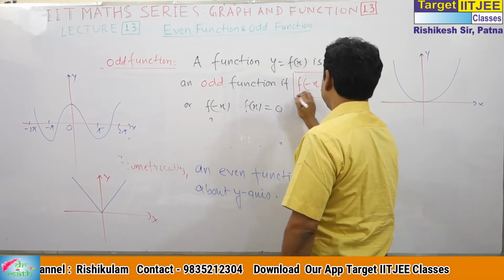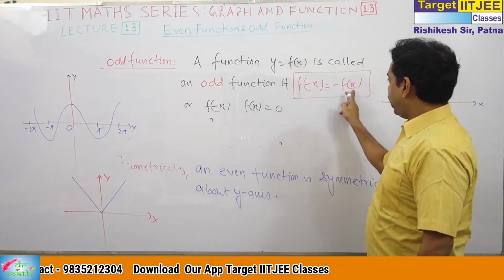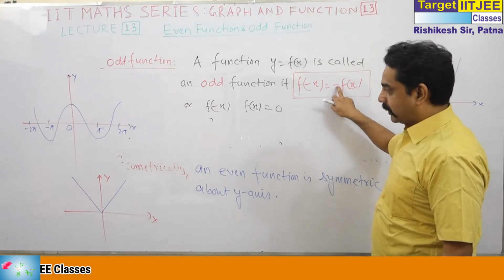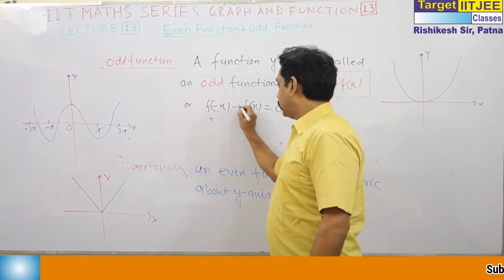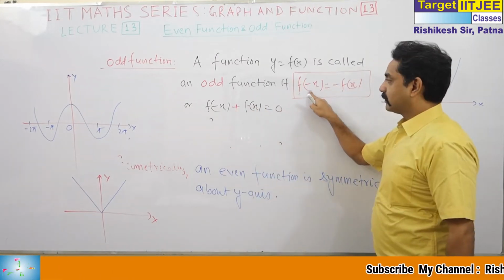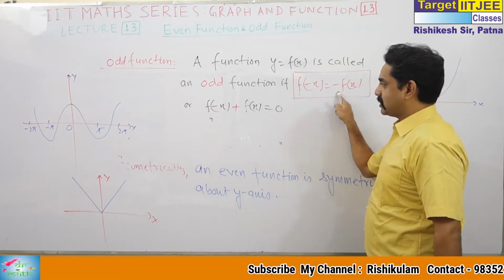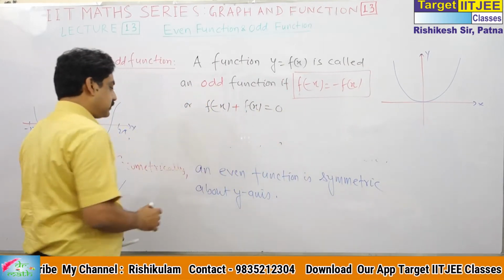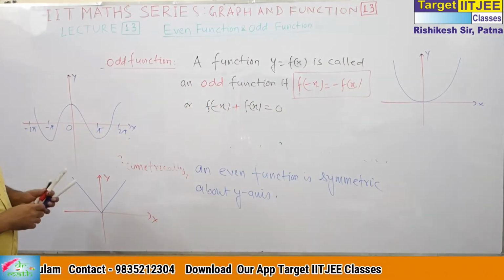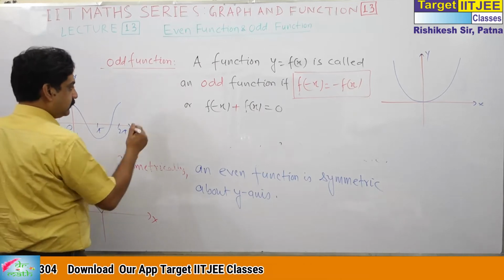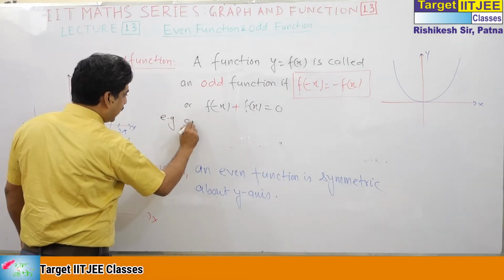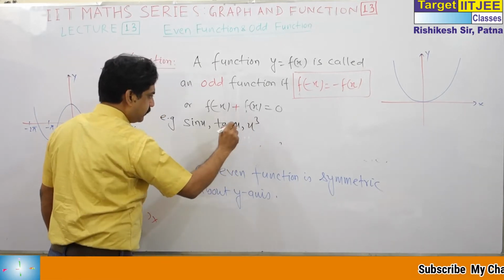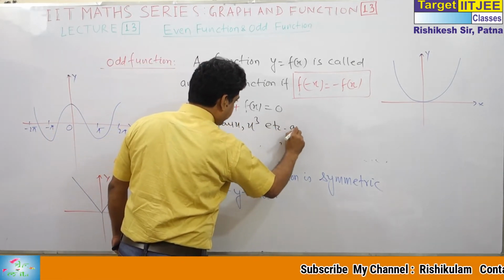It means when we replace x by minus x, the complete value of f(x) is replaced by its negative counterpart. For example, sin x, tan x, x cube, etc. are odd functions.